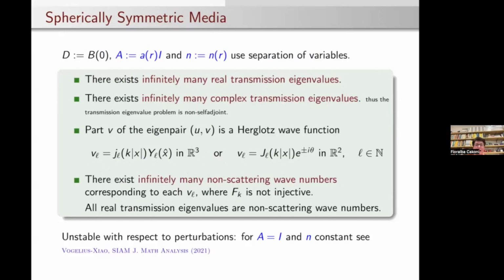So I didn't dare to put all the work in this area, but actually there is, again, a substantial contribution from this audience in the inverse scattering for spherically symmetric situations, the inverse spectral problem for spherically symmetric situations.